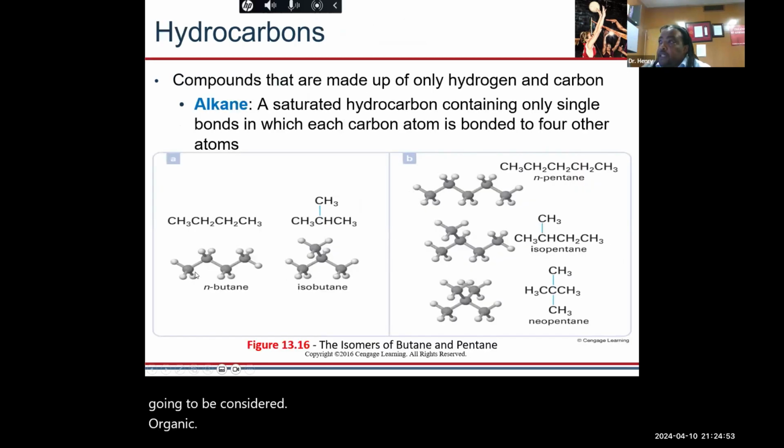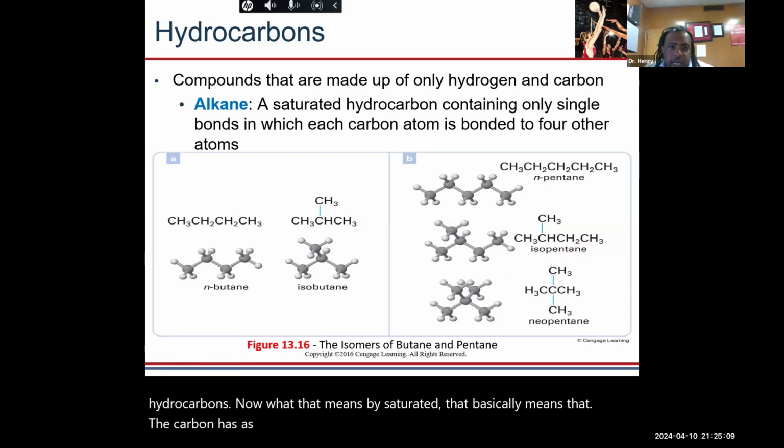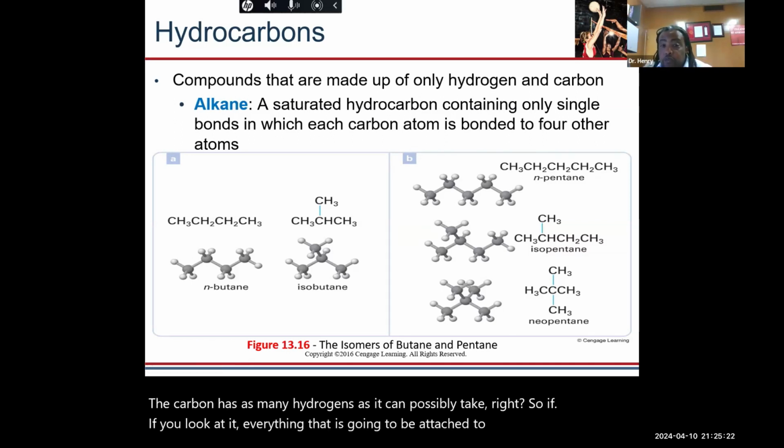Okay. So here is an example. We have alkanes. Alkanes are considered saturated hydrocarbons. What saturated means is that the carbon has as many hydrogens as it can possibly take, right? So if you look at it, everything that is attached to that carbon is going to be a single bond.